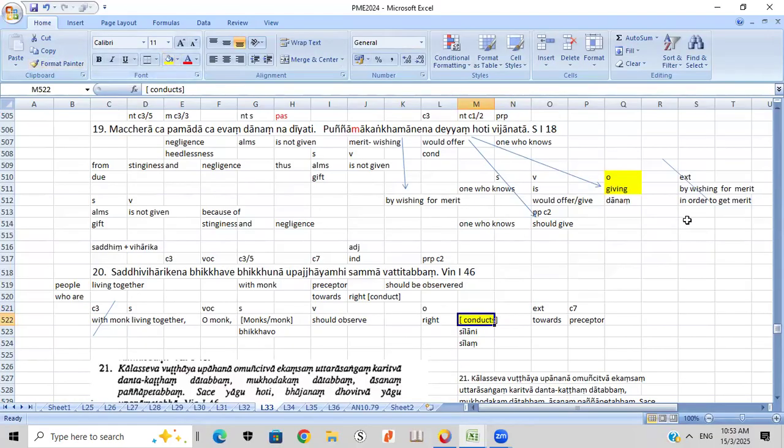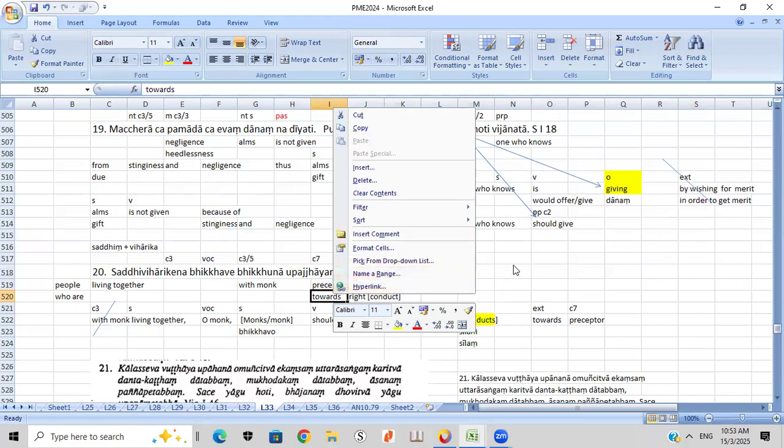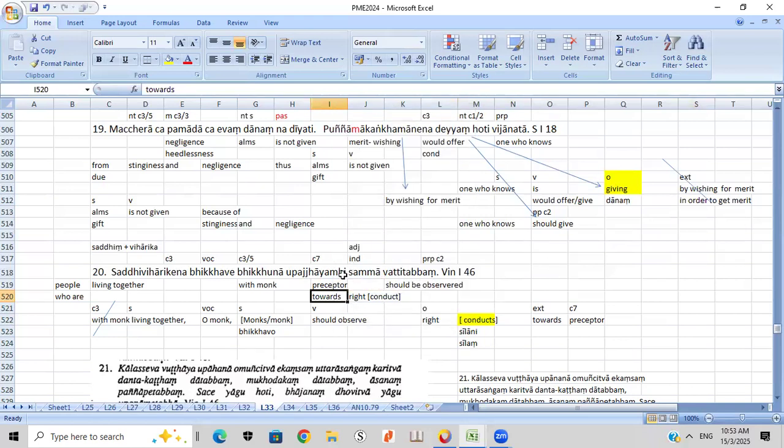All right. Okay. Then in this case, can you see the word here is locative. Locative, then it's not a problem. Locative, you can say two words because this is upajjhaya. Upajjhaya means towards preceptor. Okay. So this is how you go.